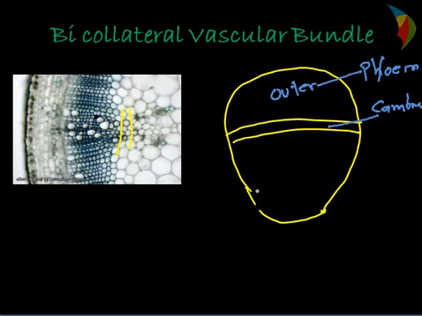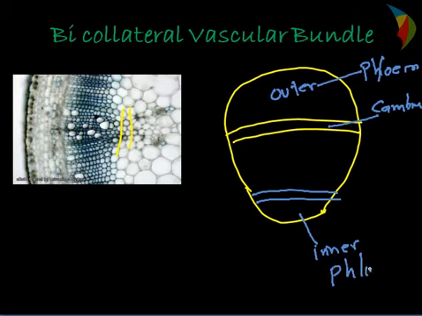Then you have the inner layer, inner cambium and inner phloem layer, and here in between you have xylem.